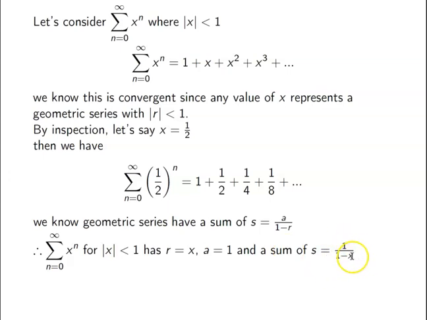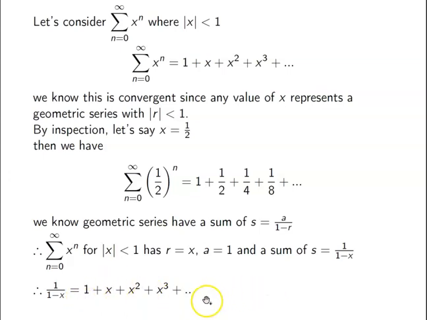Well, this is a function, right? So this function, 1 over 1 minus x, is equal to the series 1 plus x plus x squared plus x cubed, and so forth. So this function has a series representation, a power series representation.